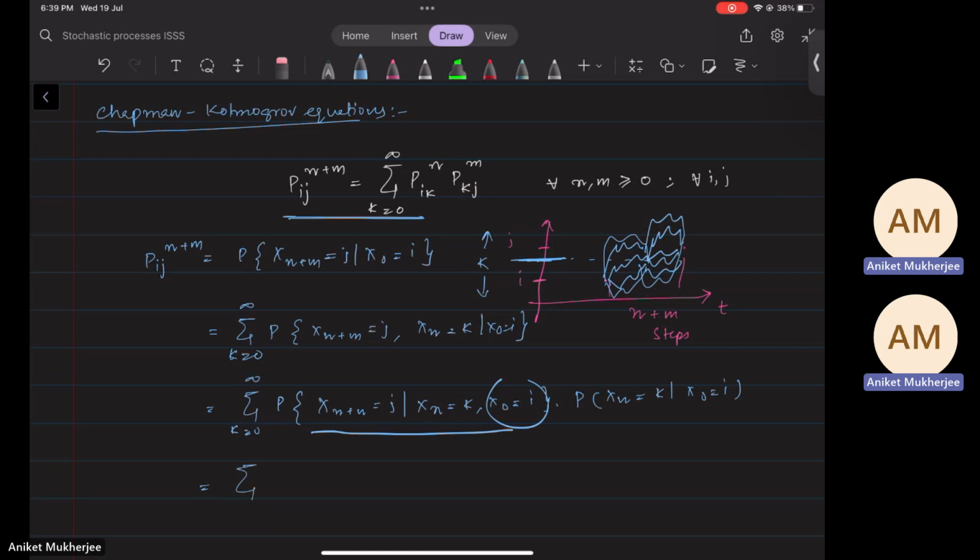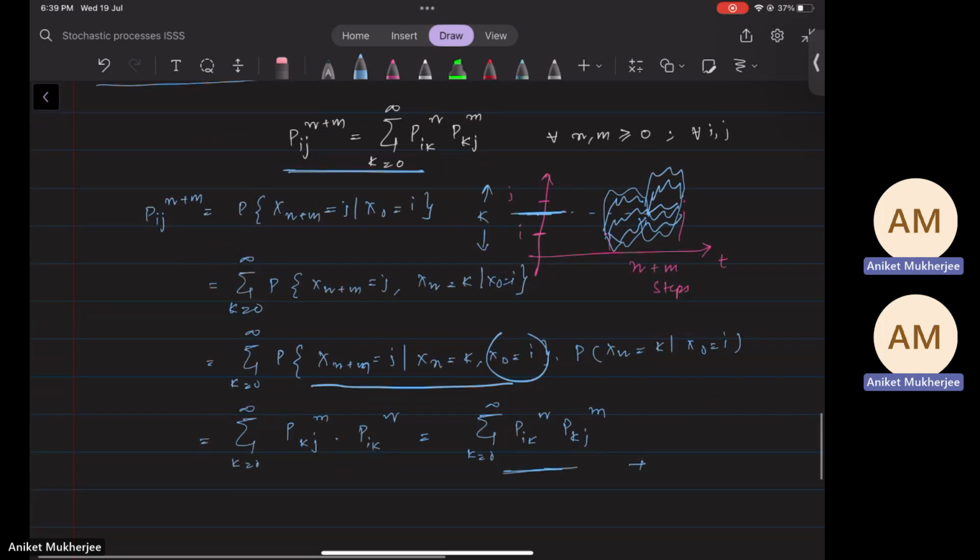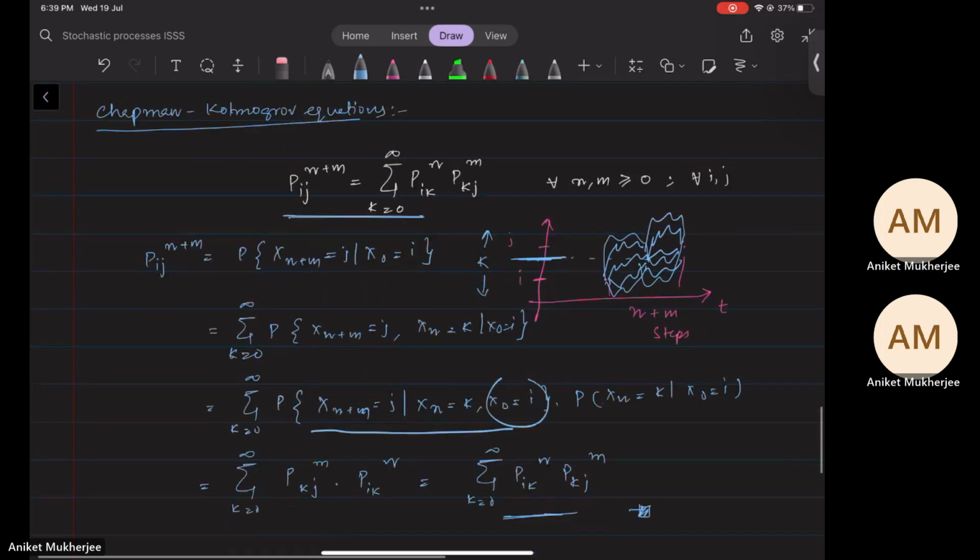So this is summation k equal to 0 to infinity of P, you are going from k to j in m steps, and this is you're going from i to k in n steps, which is basically summation k equal to 0 to infinity P_ik^(n) P_kj^(m). So this is the proof for the Chapman-Kolmogorov equation.